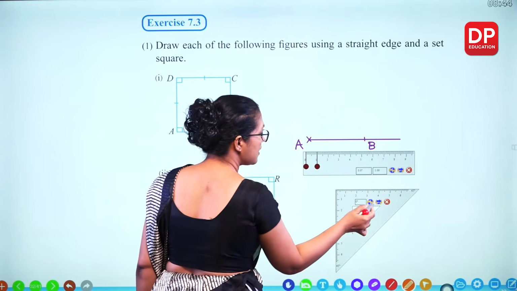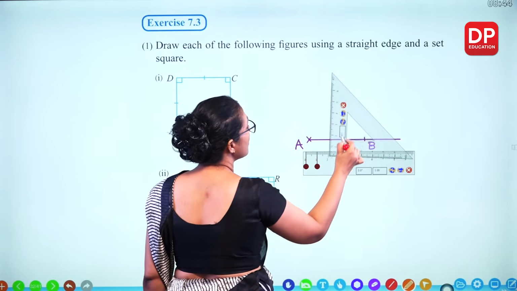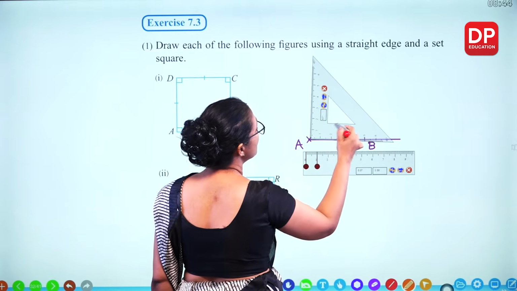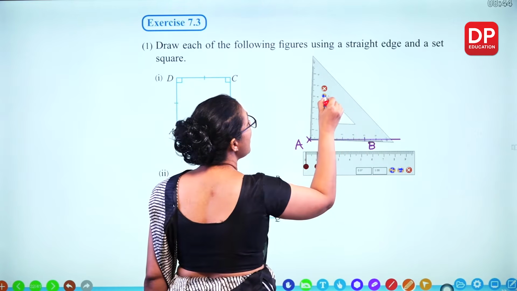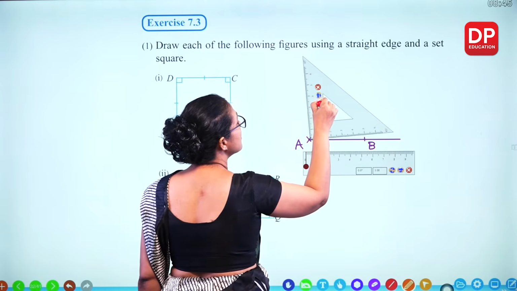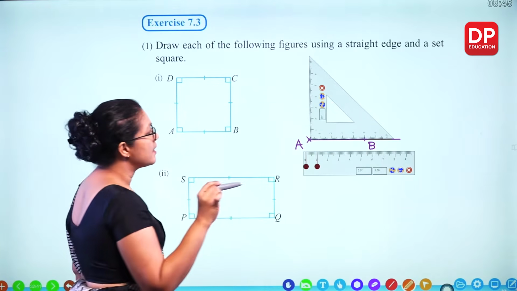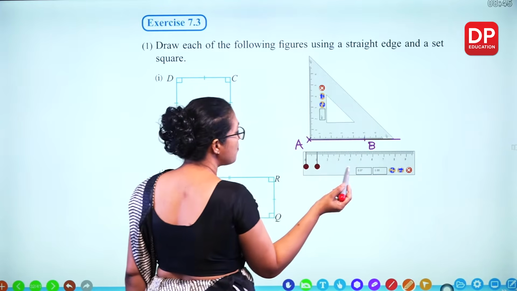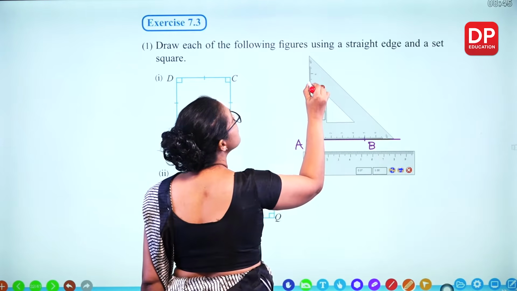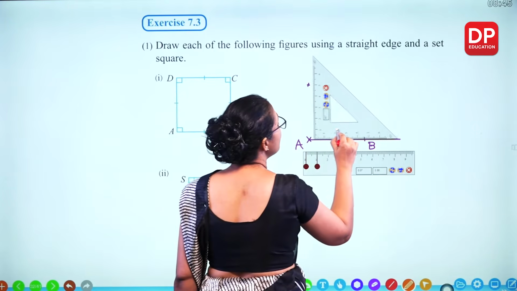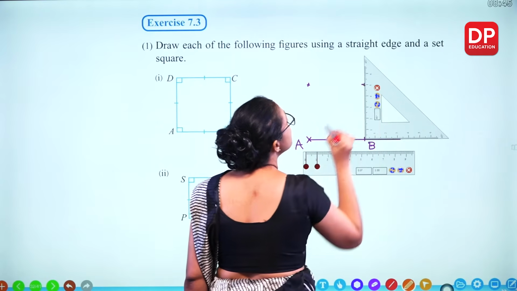Now take the set square, keep it on top of this point A and B. You have to keep it on the line AB like this and again mark 5 centimeters. I can mark the point here. That's 5 here. And you can drag this and again mark 5 centimeter length.